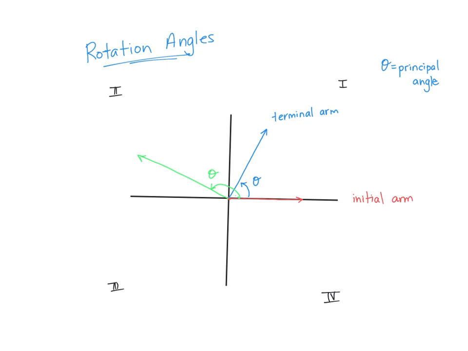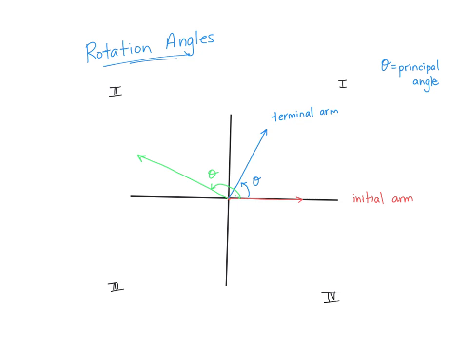So my principal angle is formed between my initial arm and my terminal arm, and the angle that is created there is theta. So again, a positive angle rotates through that first quadrant. It can continue past the first quadrant, but our angle starts at our initial arm, and if I rotate up through that first quadrant, I know I am creating a positive angle.